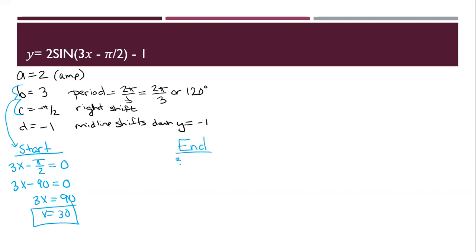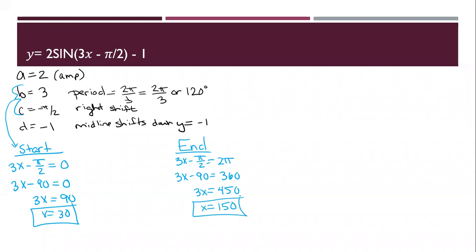My ending: 3x minus pi over 2 equals 2 pi. So let's convert to 90 degrees and 360 degrees. My new ending spot is 150.